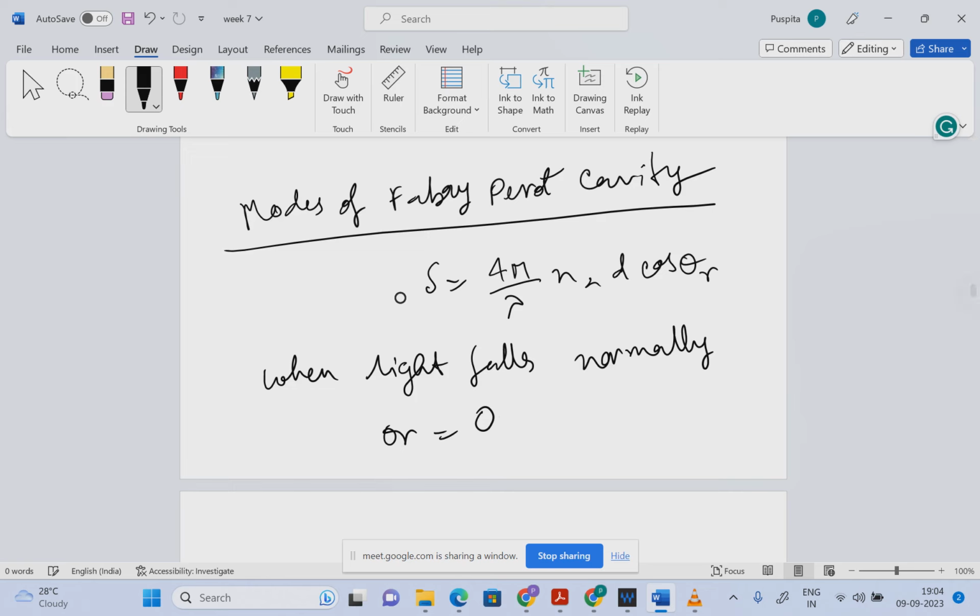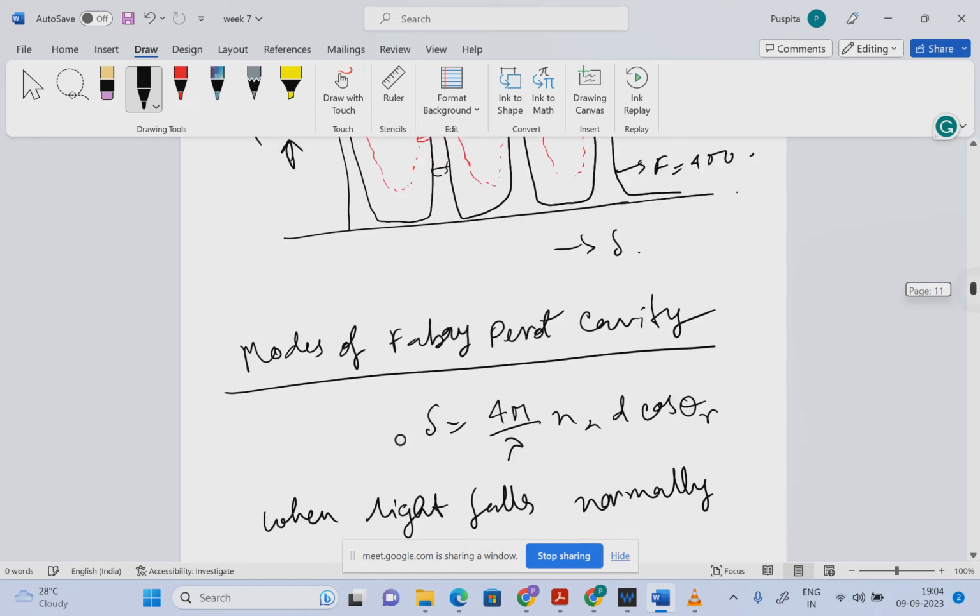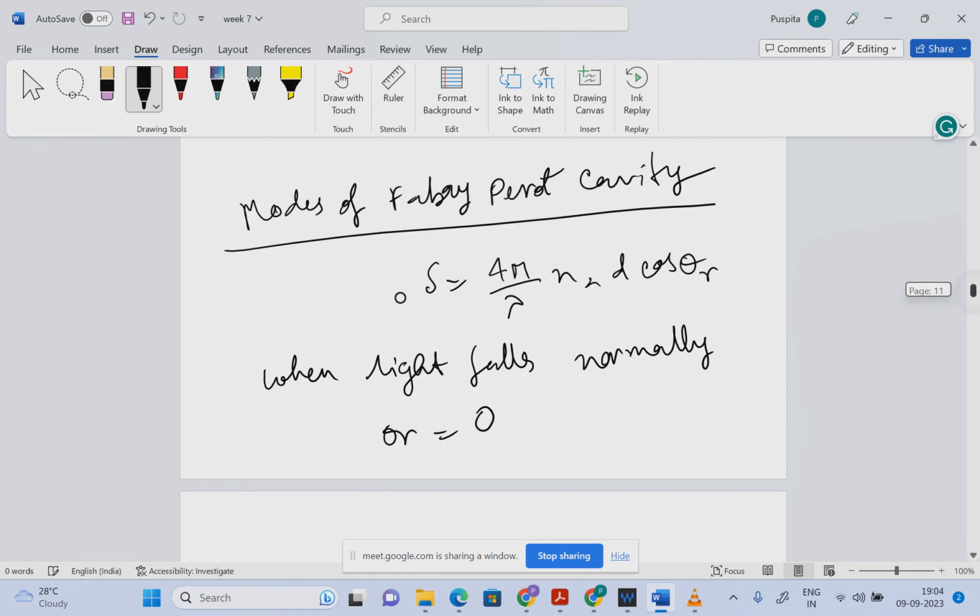So cos theta r is equal to 1. And we have assumed that the medium between the plates of the etalon is air. So N2 is equal to 1.